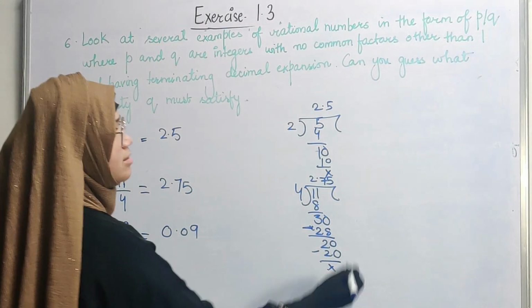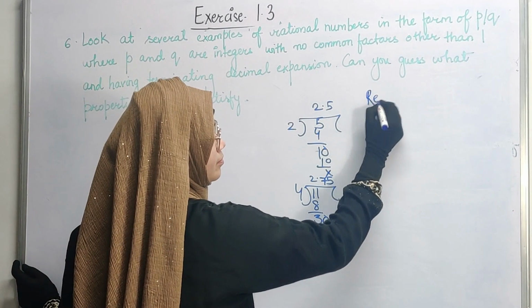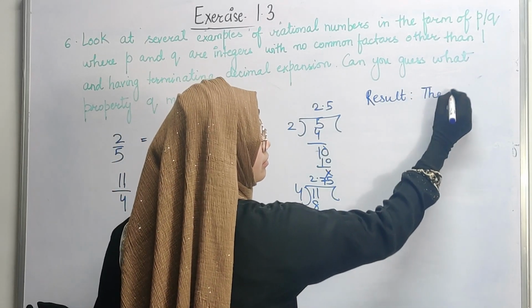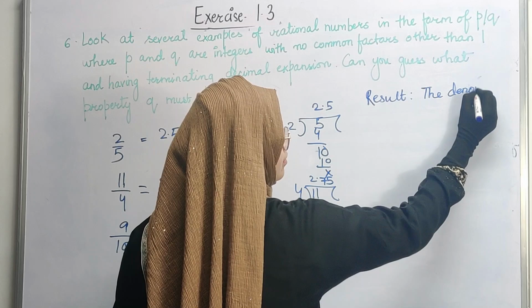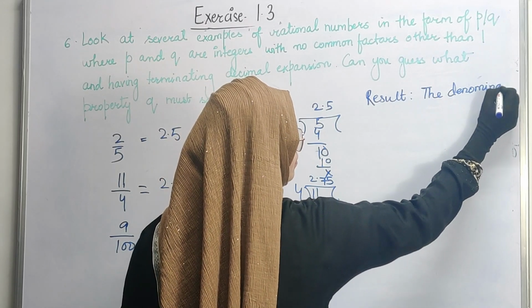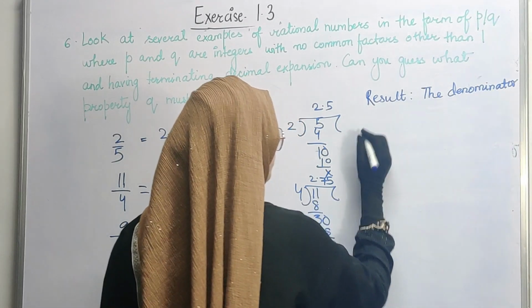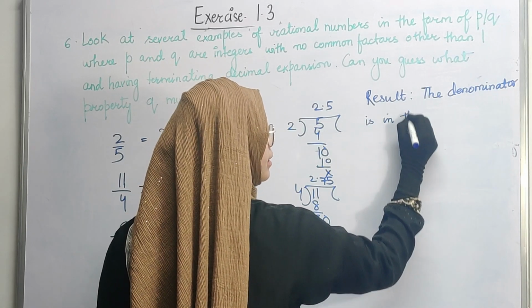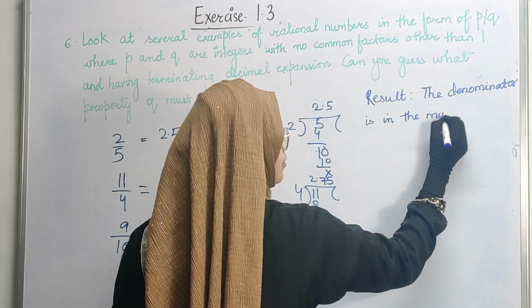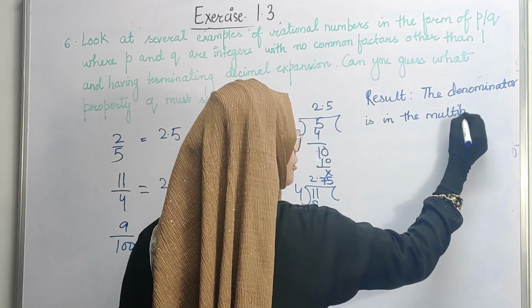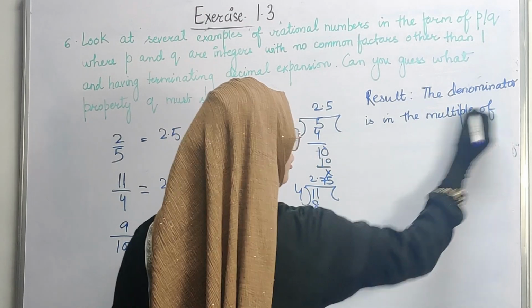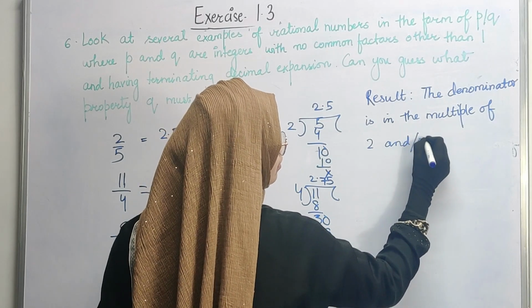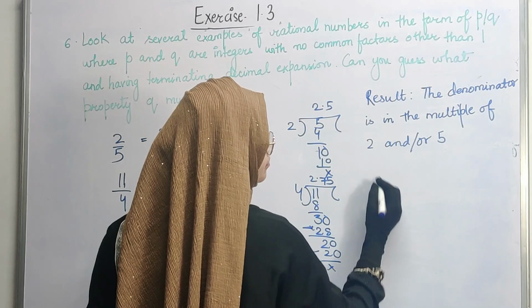So the result is, the denominator is in the multiple of 2 and or 5.